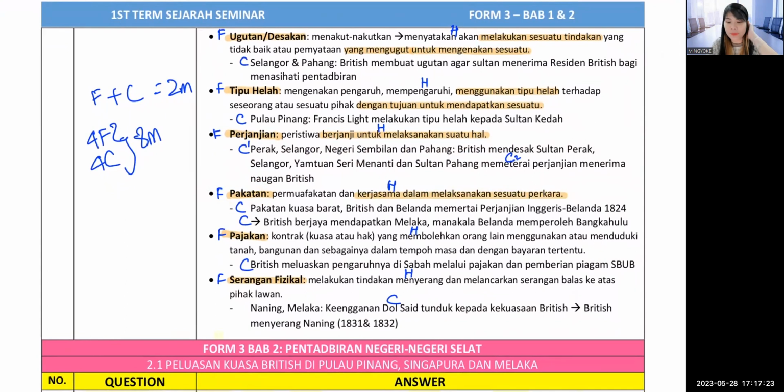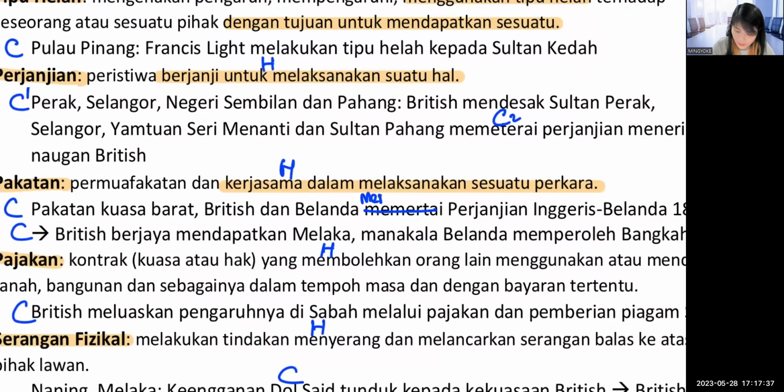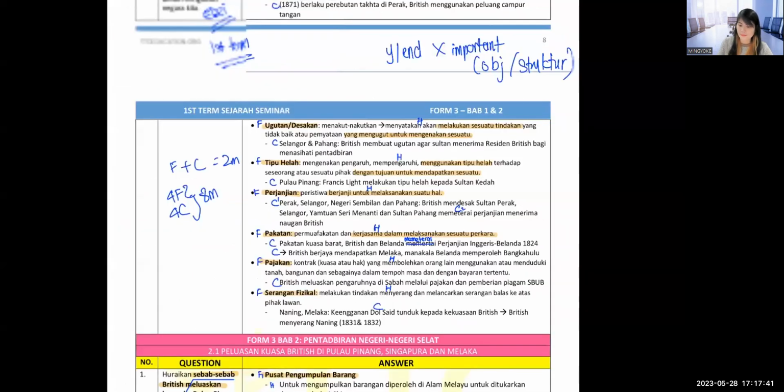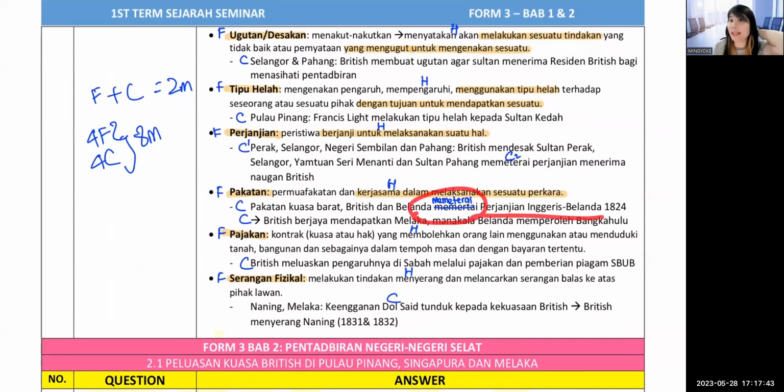For example, here guys, you see Pakatan Kuasa Barat, where British and Belanda, remember they signed the memeterai perjanjian Inggeris Belanda. Remember? Or perjanjian London is also considered perjanjian London. And then other than that, we also have what? British successfully get Malacca, but Belanda get Bangka-Hulu.